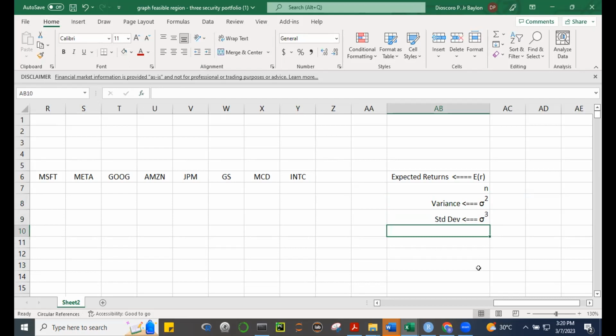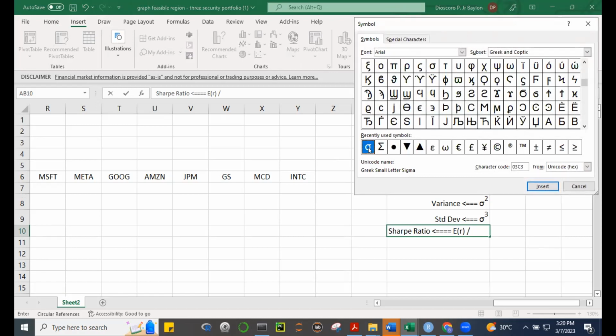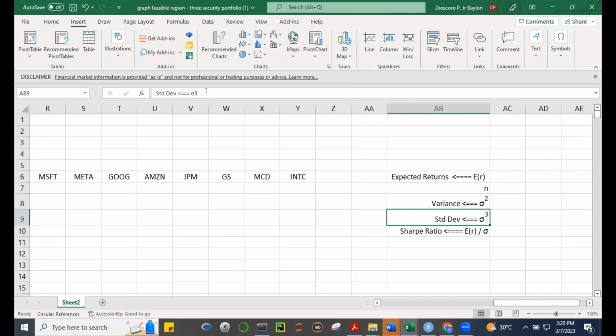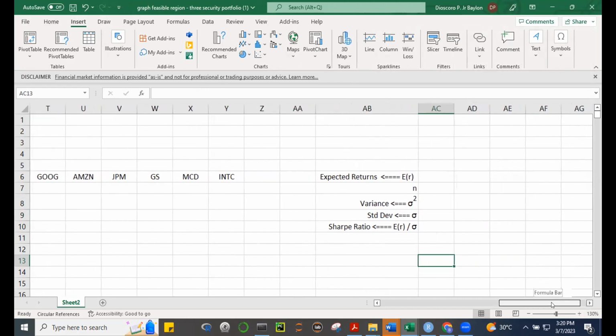And then let's also compute for another metric called the Sharpe ratio, which is just your expected return divided by your, insert again, symbol, your sigma, okay, insert. Okay, and let's copy this.